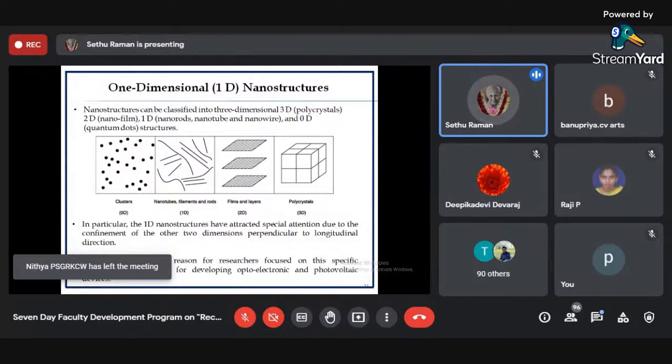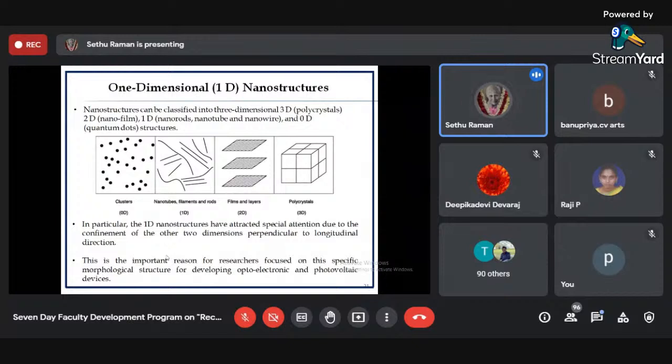Nanostructures are generally classified by dimension. Three-dimensional is polycrystals. Two-dimensional we call nanofilm, like graphene, with two-dimensional properties. One-dimensional are nanorods, nanotubes, and nanowires, and zero-dimensional is the quantum dot structure.